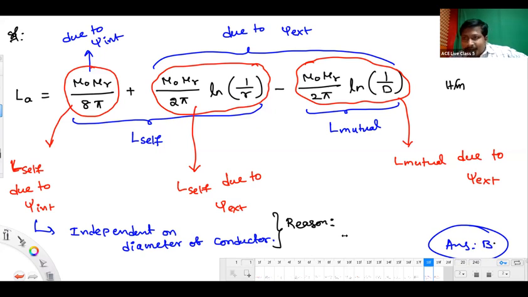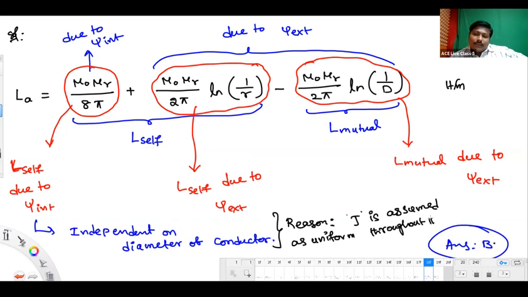By making that assumption only, I can say this self-inductance due to internal linkages is independent of the diameter. The reason is that J is assumed to be uniform throughout the cross section.